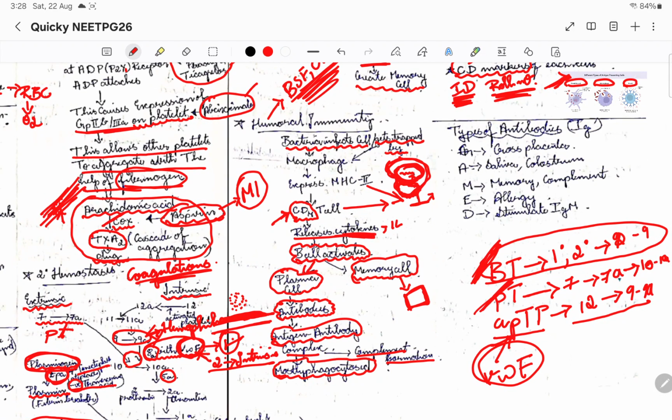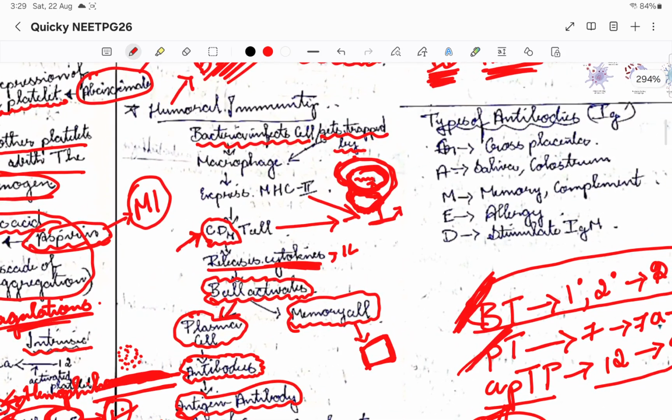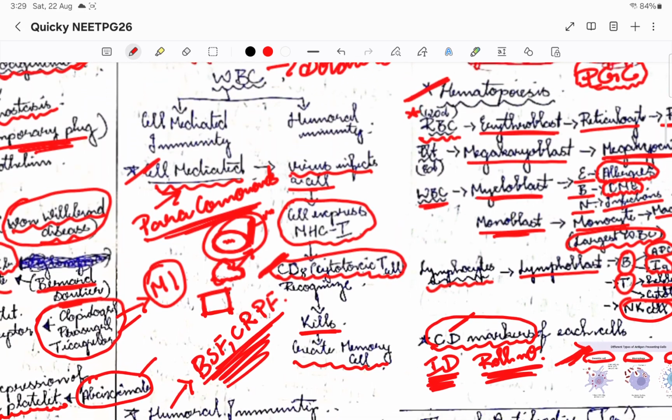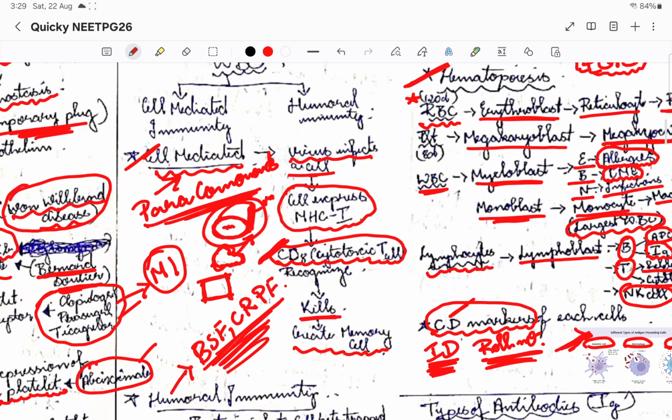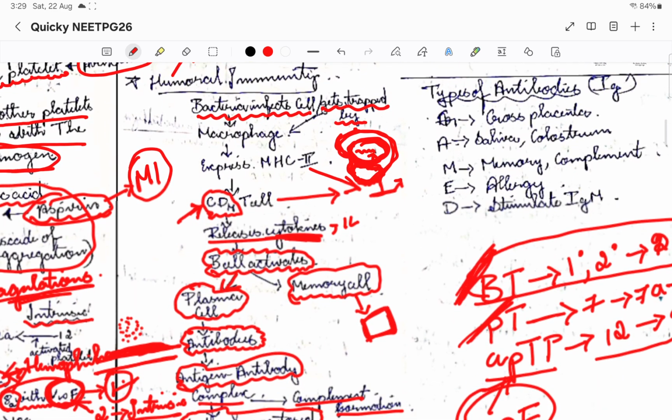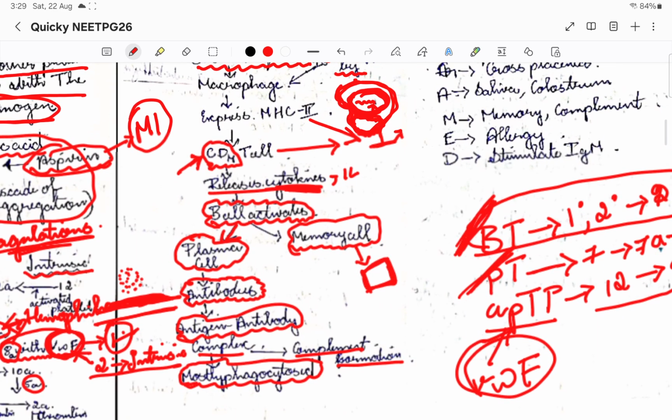Humoral immunity is where the bacteria is recognized by the macrophages, whereas in cell mediated immunity it was the virus that was there, and the CD8 toxic cells, the para commandos, recognized and destroyed it by themselves. There was no cascade of reaction. Here in humoral immunity there was a cascade of reaction, whereas in cell mediated it was not there. So that is the major difference.